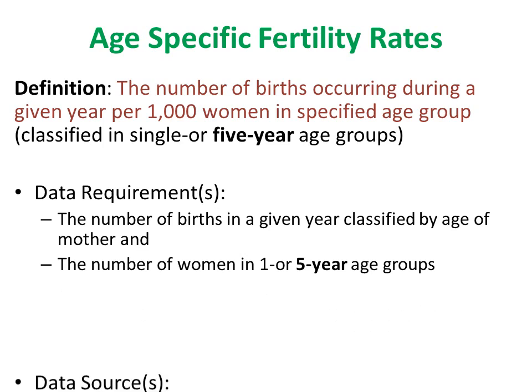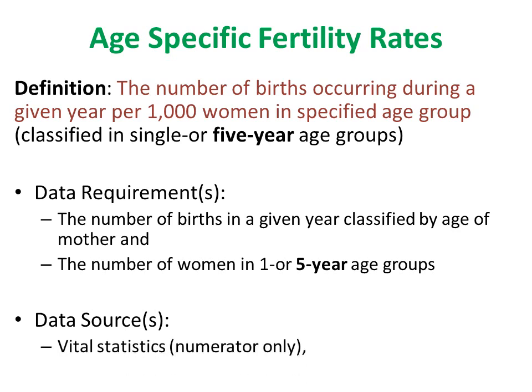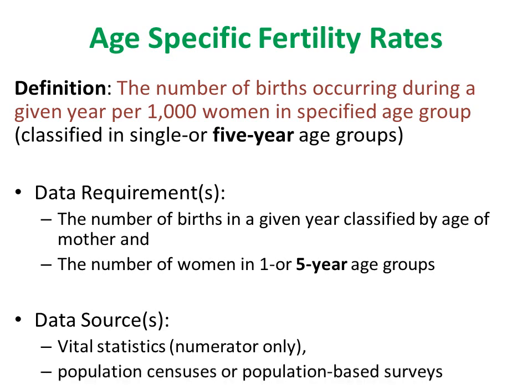The data can be sourced from vital statistics for the numerator, that is the number of births classified by age of mother, and the denominator, that is the number of women in all the age groups, can be derived from the population census or special population-based surveys for that purpose.